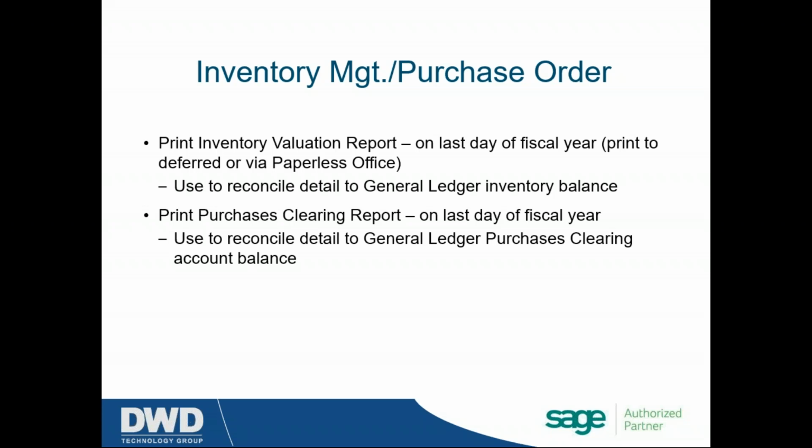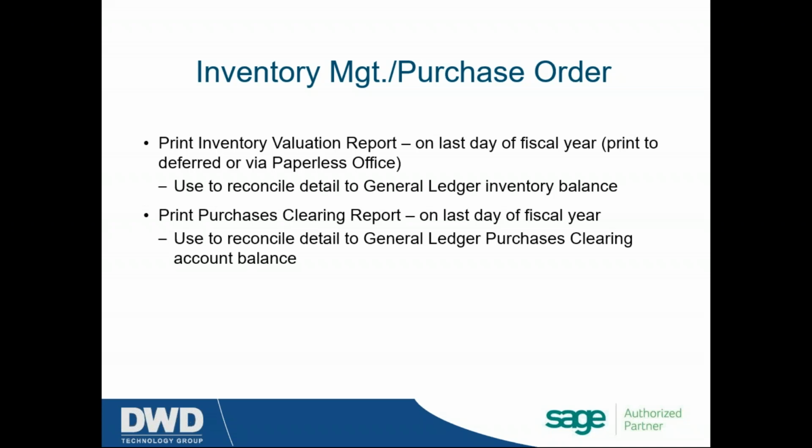Okay. And what's called the purchases clearing report. Any of you that have inventory, what that is: if you buy goods, you receive items, I should say, and you don't have an invoice for them, then those items that have been received but not invoiced go into what's called a purchases clearing account.